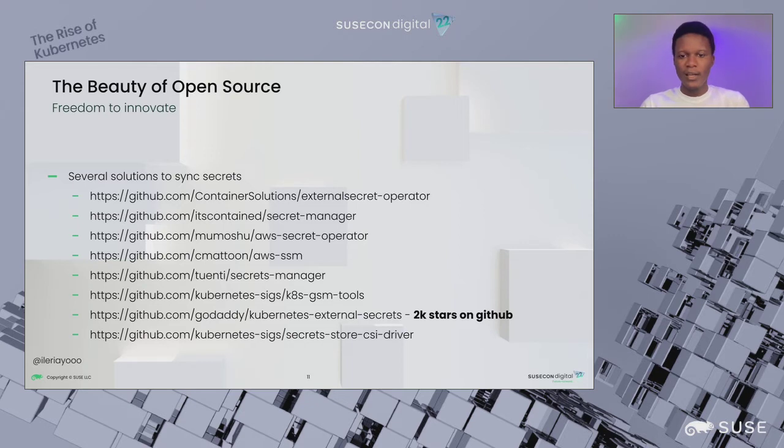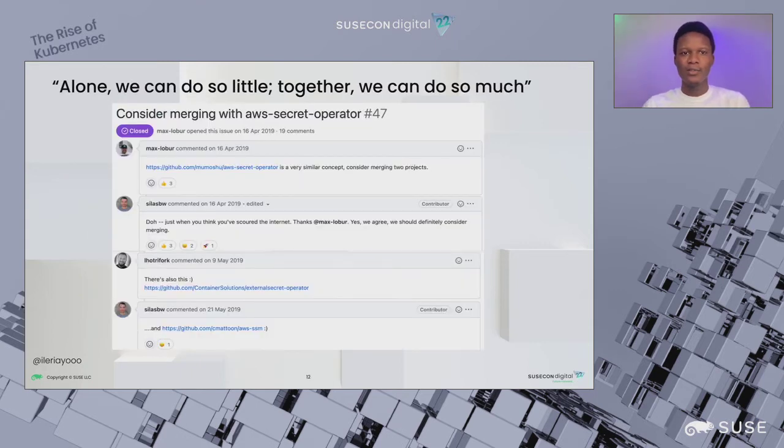Now if you look at the one with two K stars just below there, that's the Kubernetes external secrets from GoDaddy, right? So there were lots of solutions. There's the one from Container Solutions there, AWS SSM, all right, but it was specific for AWS. And we had some solutions here and there. But these things were, you know, scattered.